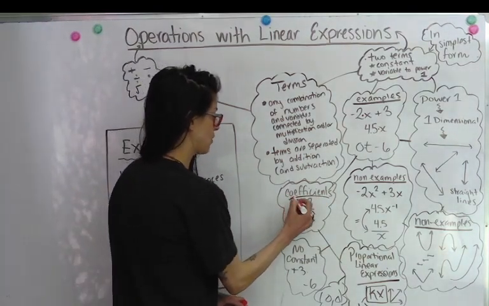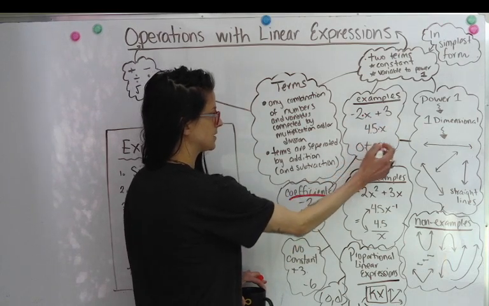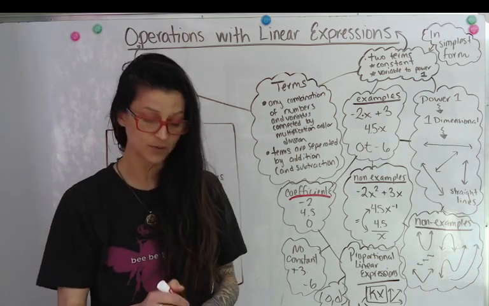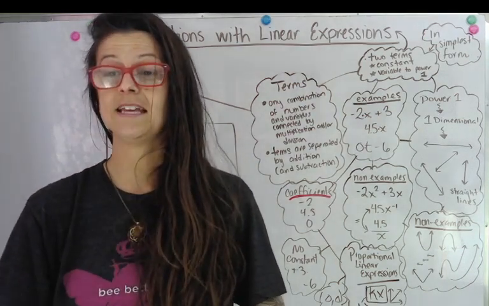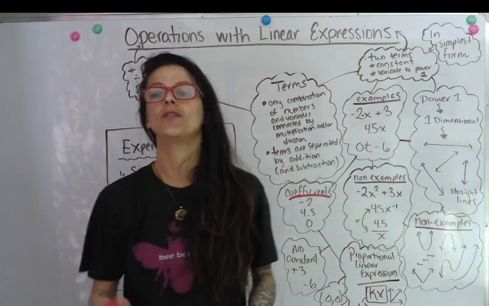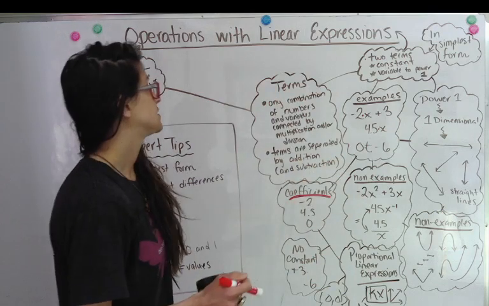Coefficient, and then the variable here is x. We commonly use x for variables because it is related to the x-axis, the horizontal axis on the coordinate plane, which is where we often graph these types of relationships.